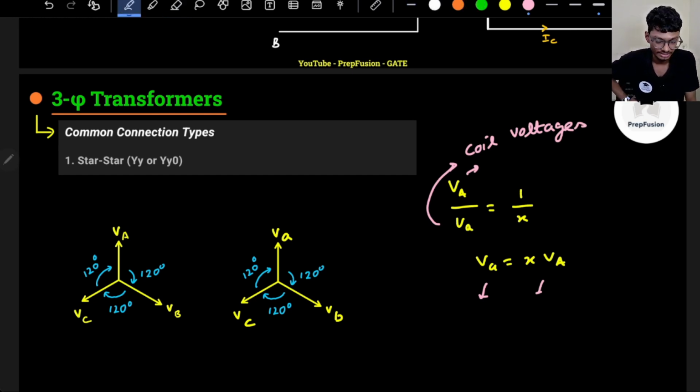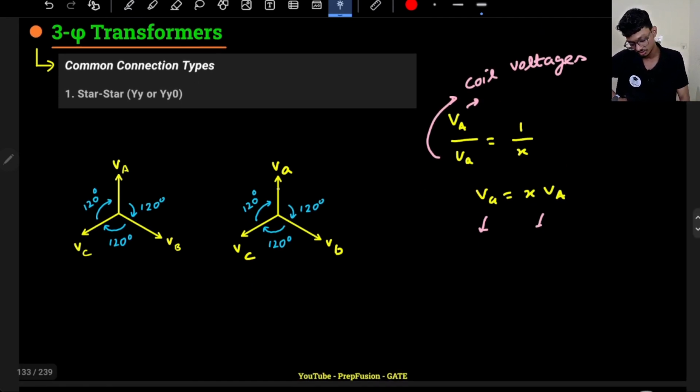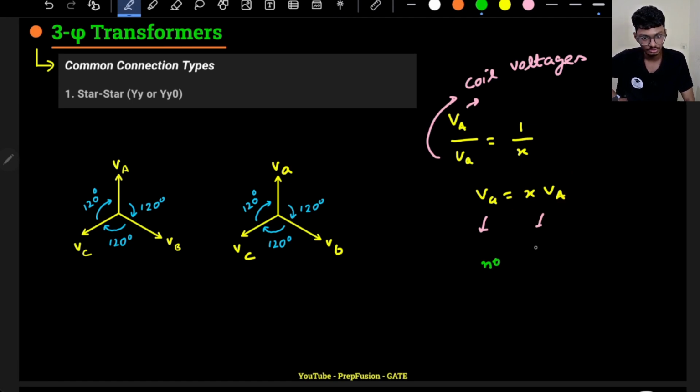So coil voltages, you see, will be derived from this transformation ratio only, like the turns ratio only. So this small VA will be X into VA. For now we can see there is no phase difference between the coil voltages, no phase difference.